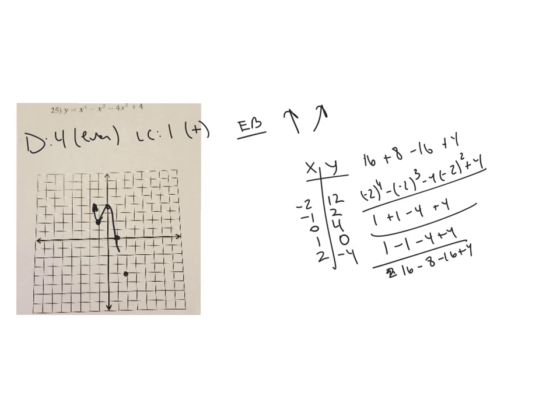So I'm going to actually pick another point. So I'm going to plug 3 in, just to see what happens afterwards. I get 3 to the 4th, which is 81, minus 3 cubed, which is 27, minus 36, plus 4.